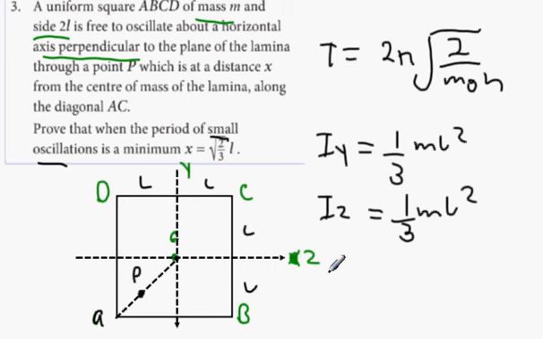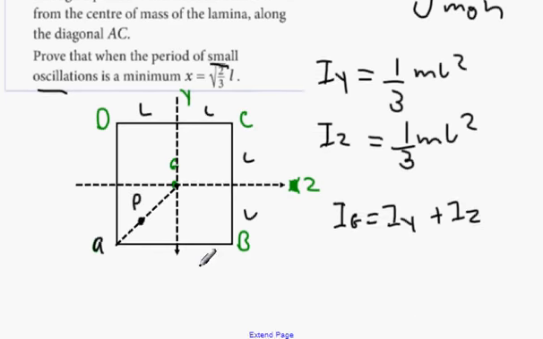I'm going to call it IG. IG equals IY plus IZ, both added together. IG therefore is going to be 2/3 ml squared.